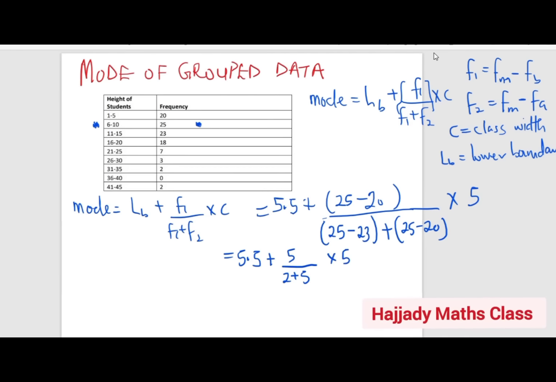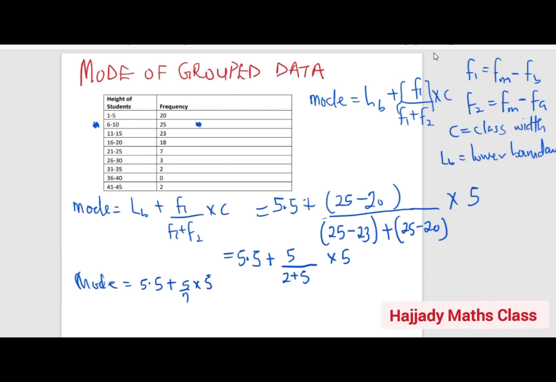And with this, my mode is going to be 5.5 plus 5 over 7 multiplied by 5.